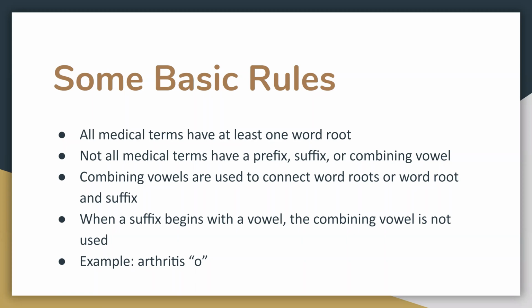The combining vowels are used to connect the word roots or the word roots and the suffix, all right? And when a suffix begins with a vowel, usually we're not going to use the combining vowel. A good example of this is arthritis, right? So itis is the suffix, it begins with a vowel, so we did not put an O in between the two.